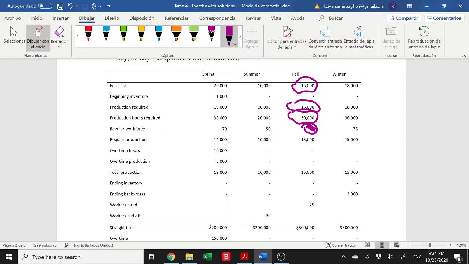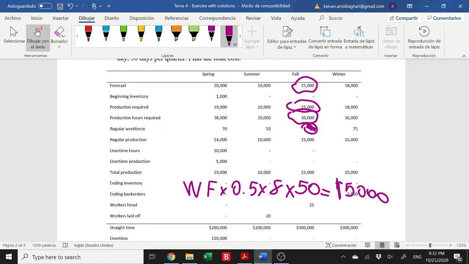Imagine we don't have this one, and you should find it obviously. Again, I say workforce for fall multiplied by 0.5 multiplied by 8 hours multiplied by 50 is equal to 15,000.